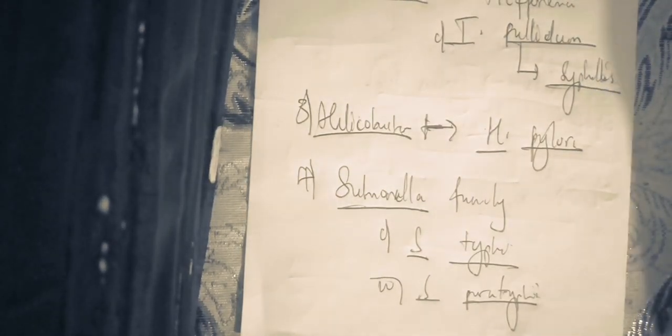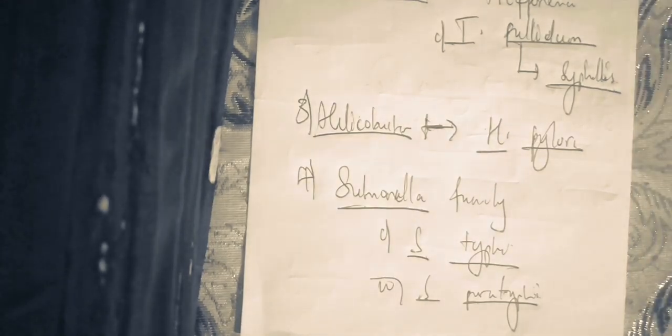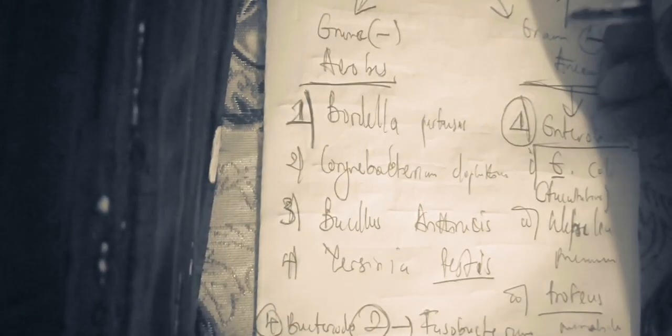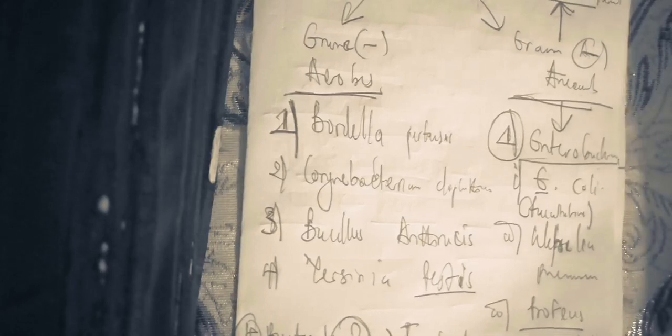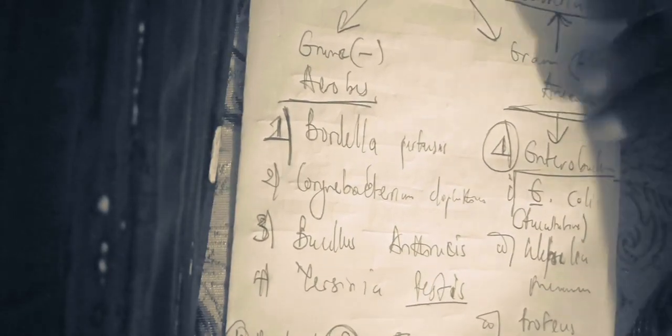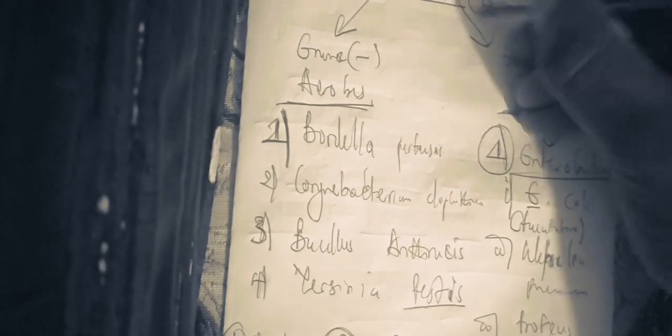And also I've forgotten to classify Pseudomonas. Is it clear? So the Pseudomonas are still under the gram-negative anaerobes. So I've added the Neisseria family, like Neisseria gonorrhoeae and Neisseria meningitidis, under the gram-negative anaerobes. So that makes number 6.